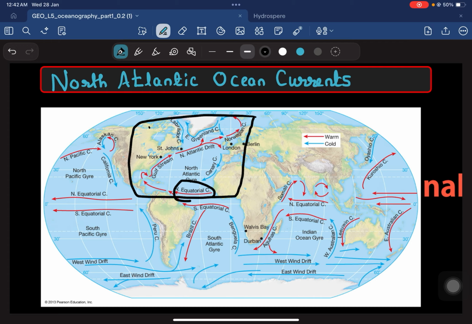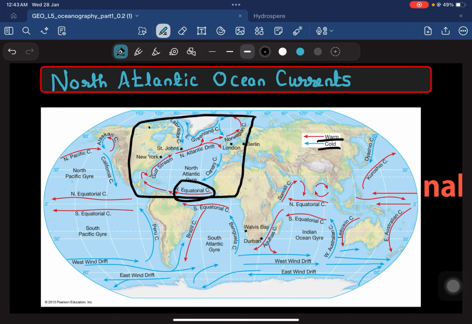Here it will start. Okay, first you note down which currents are in red color, right? Red color, these are called warm currents. Blue color, these are cold currents. Warm currents, the North Equatorial current, the North Atlantic Ocean currents start from the North Equatorial current.